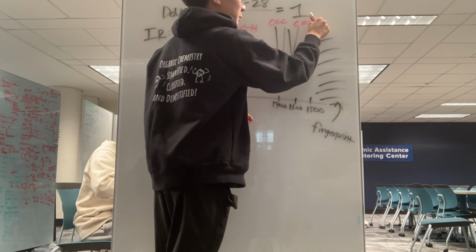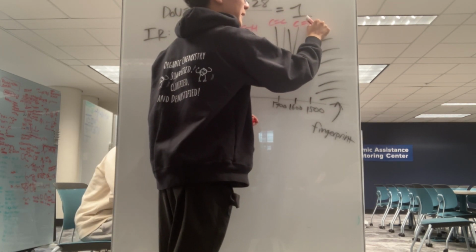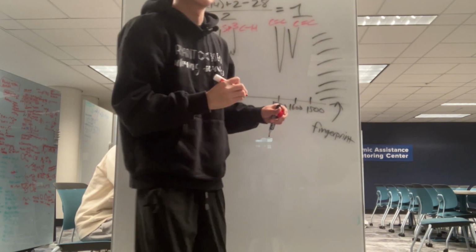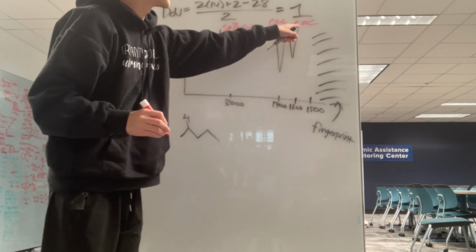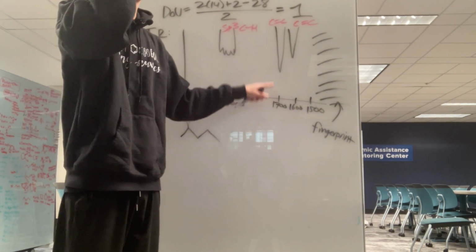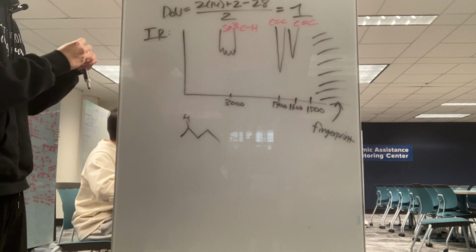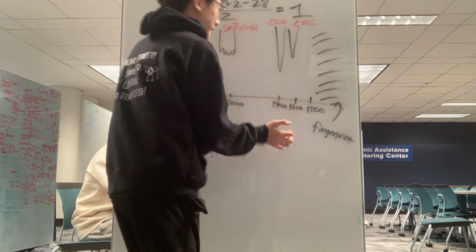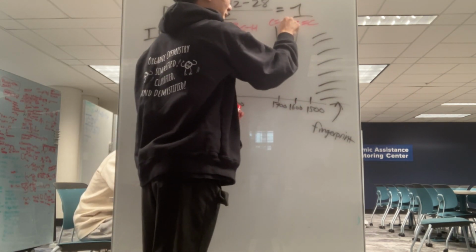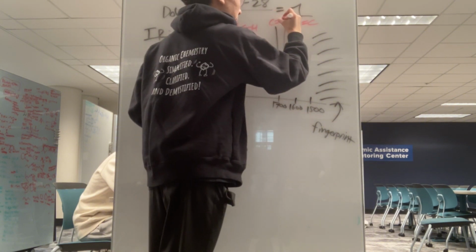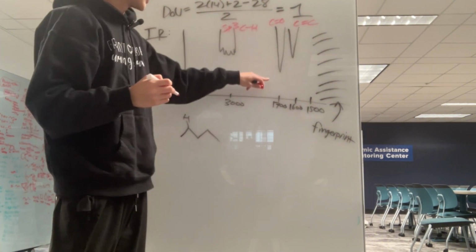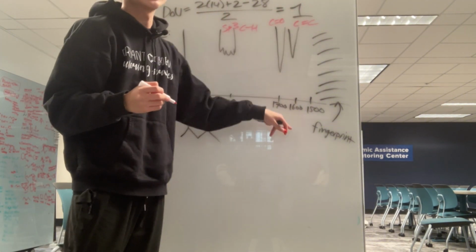The 1600 is the alkene, carbon double bond carbon. So 1600 is alkene, 1700 is carbonyl. The 1700 is C=O. C=O for 1700, C=C for 1600.